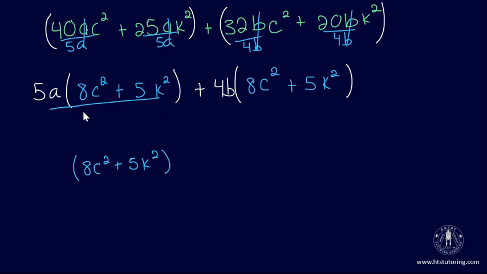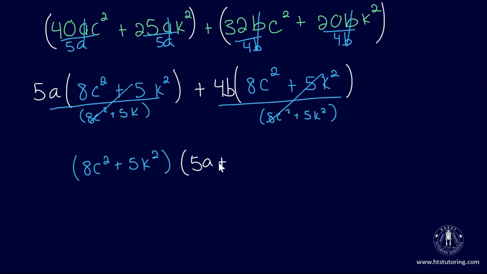Now let's divide both of these by this and figure out what we're left with. That divides out, and that divides out, so I'm left with 5a plus 4b. And I'm going to see if I can go any further. 8c squared plus 5k squared.